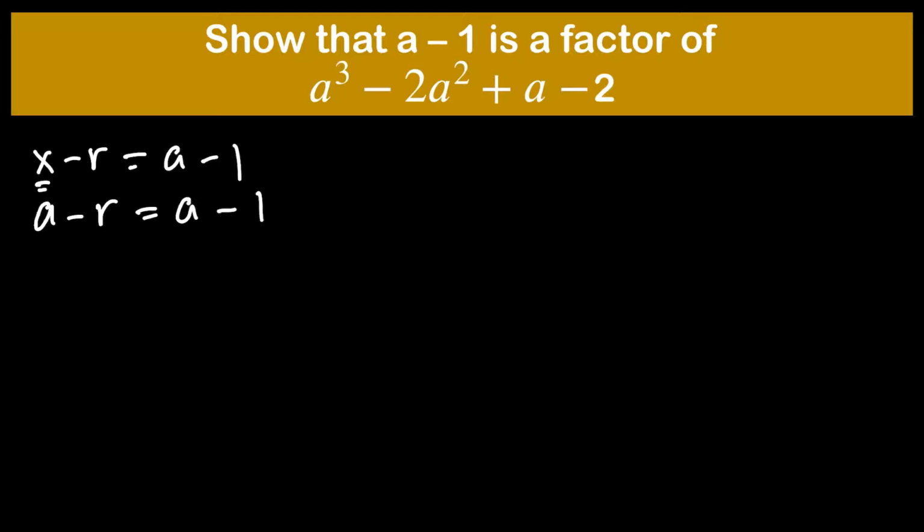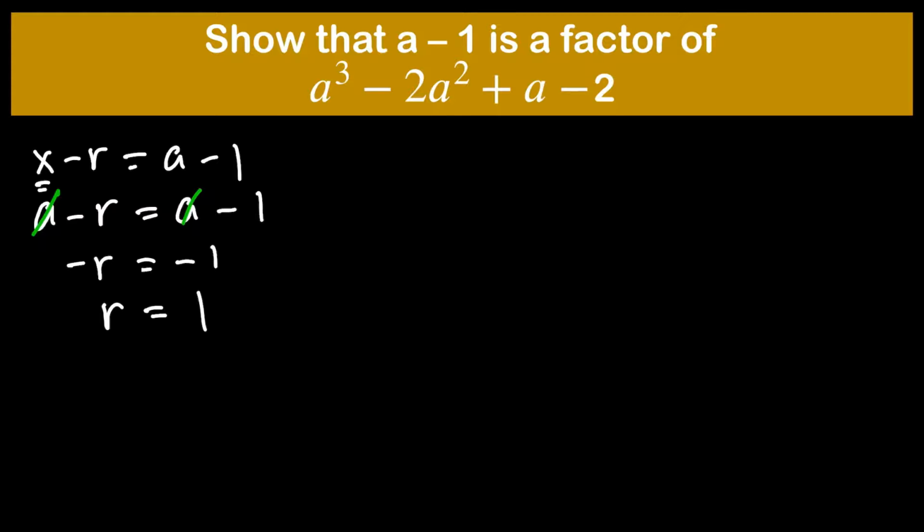If we're going to solve for r, we simply cancel a here. Then that will give us negative r equals negative 1. And if we multiply both sides by negative 1, that will give us r equals 1. So the value of r is equal to 1.